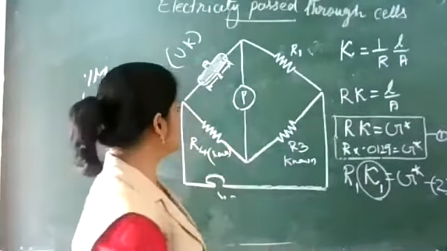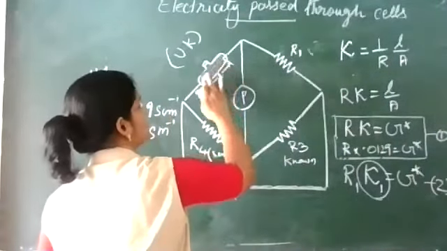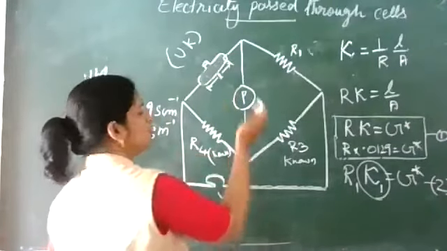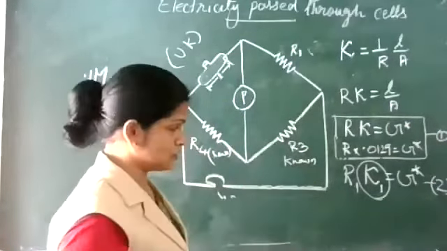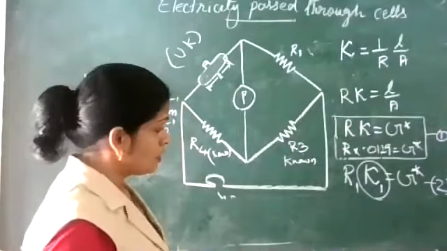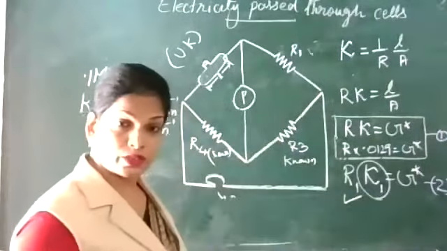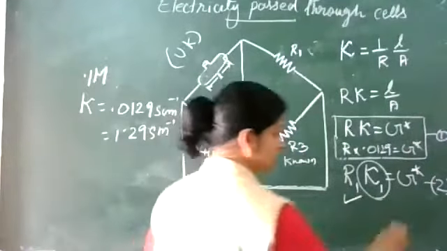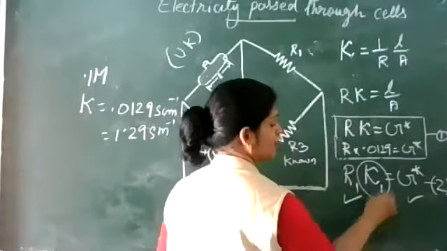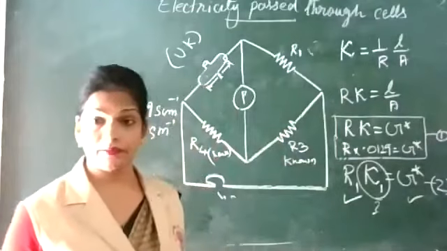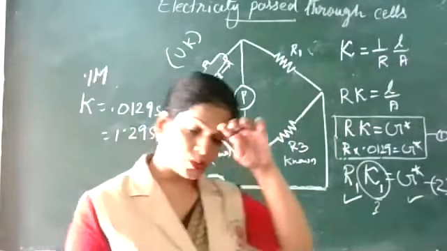When you remove the earlier solution and fill that unknown solution, you again find out its resistance by the resistance bridge. Now G star is available, so you can find out kappa.